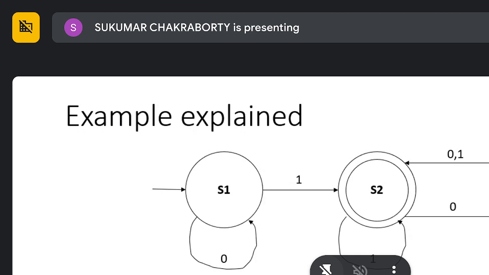Again at S1, 1, it goes to S2. From S2, 1, it remains in S2. S2, 0, S3. Then S3, 1, S2, and S2, 0, S3. So 0, 0, 1, 1, 0, 1, 0 is not accepted, right?